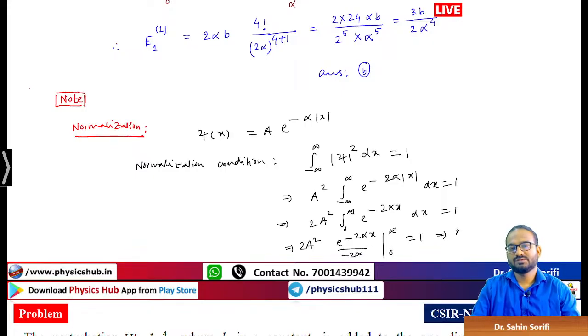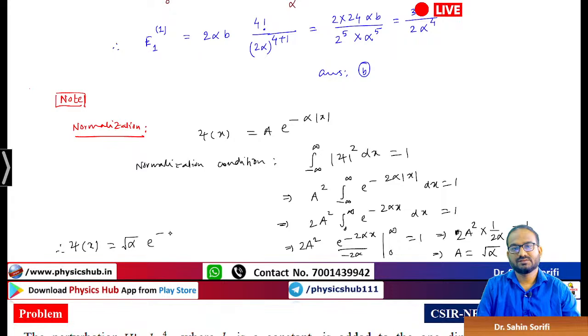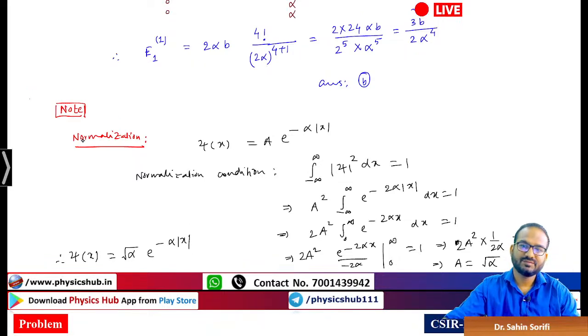Now if you put the limits, you will get 2A squared into 1 by 2 alpha, equals 1. So 2 gets cancelled, A equals square root of alpha, and that is why the normalized psi is written as square root of alpha e to the power minus alpha mod x. This is just for your reference, a simple thing.